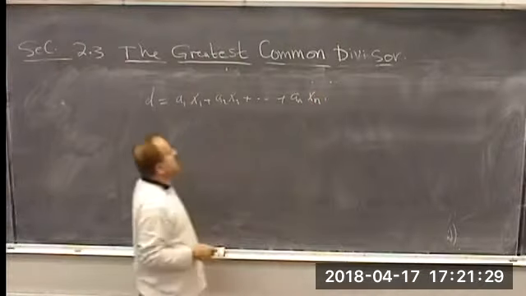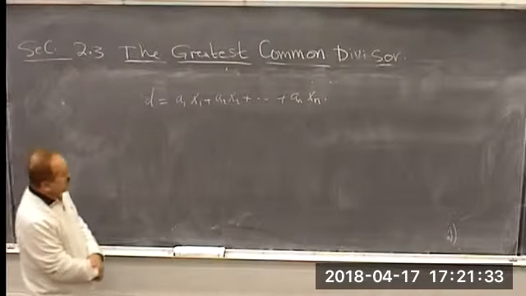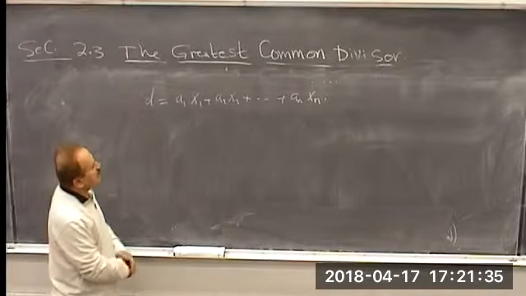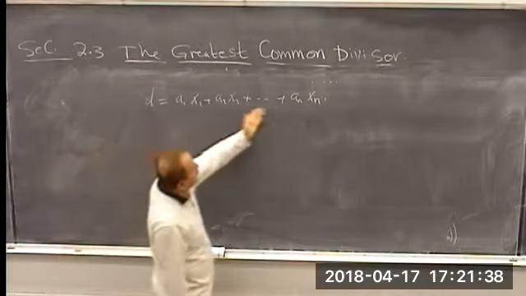In fact, the greatest common divisor is the least positive value of an expression like this, means among all possible combinations of these, the least positive one is what D is equal to. All right, I'm going to stop right here.